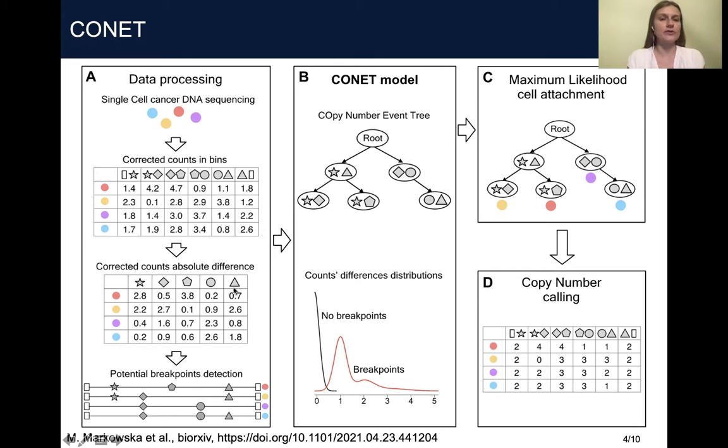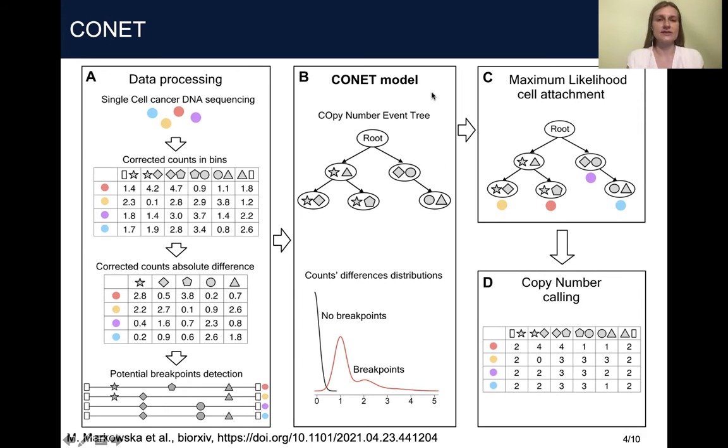So this is our per breakpoint data, where in columns we have genomic loci instead of genomic bins. The third part of our input is the potential breakpoint set. Before we start our modeling procedure, we need to decide which genomic loci we want to include as possible borders of copy number events.